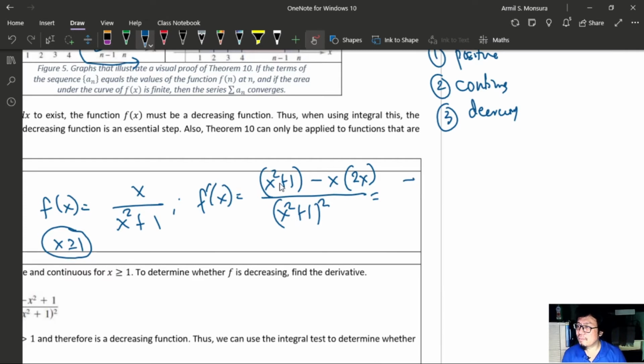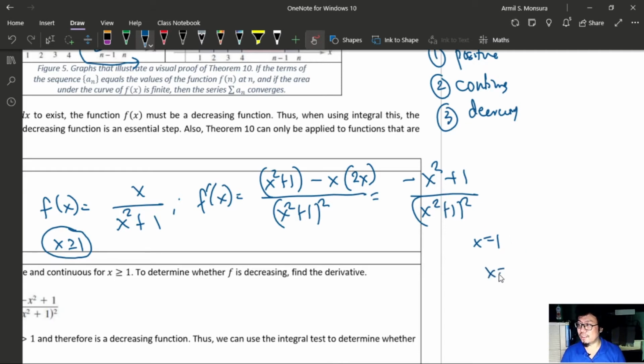So which is now basically negative 2x or negative x squared plus 1, divided by x squared plus 1 squared. This two doesn't cancel each other out. But clearly, say for example, for x equals 1, this is 0.